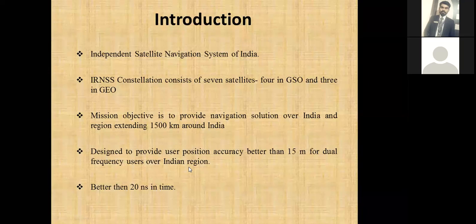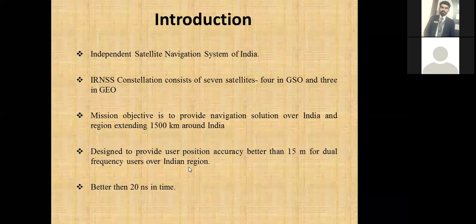GEO is an ideal orbit where the eccentricity or inclination will be 0, but actually we cannot achieve 0, and these GEO satellites have an inclination of 5 degrees. IRNSS is designed to provide position, navigation, and timing service in the Indian region and 1500 kilometers away from the Indian boundary.